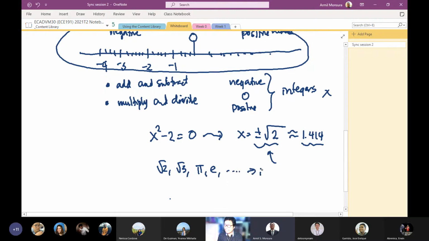So we call these irrational numbers. Very good.